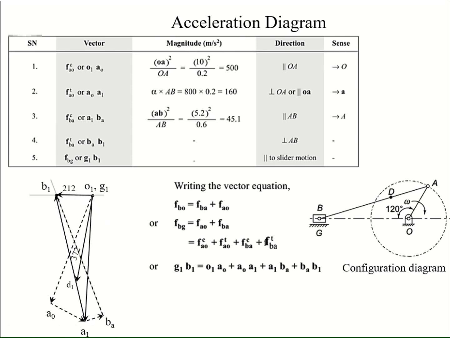After this, we now need to locate point D1 on B1A1. It can be located with the help of the equation B1D1 upon B1A1 is equal to BD upon BA. And it comes to be something like 868 radians per second square clockwise.